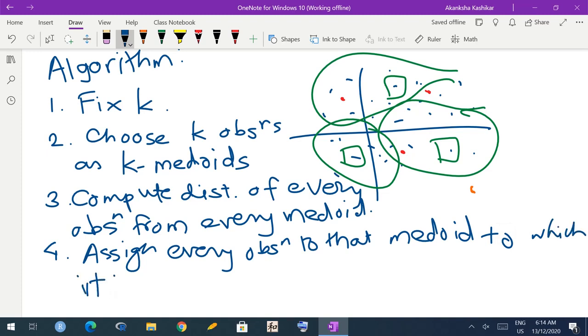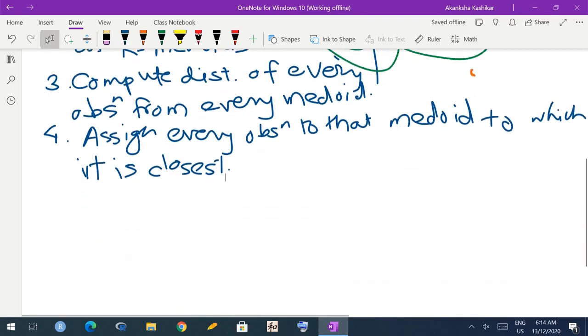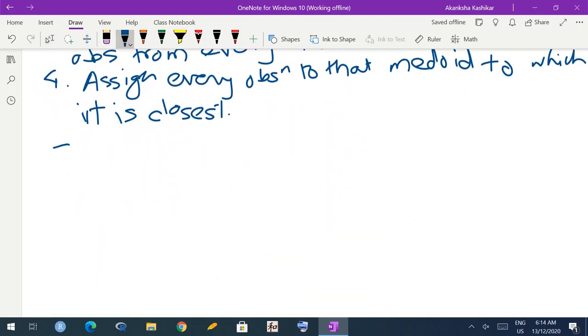Correct? This is a natural step once we know the K-means algorithm. Now, the part where things are different.